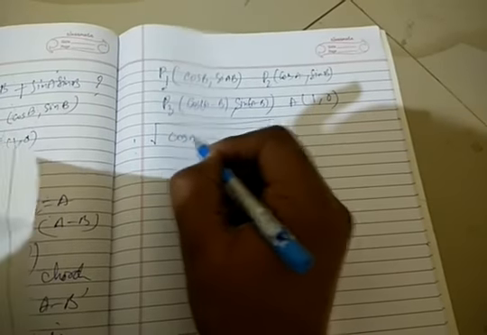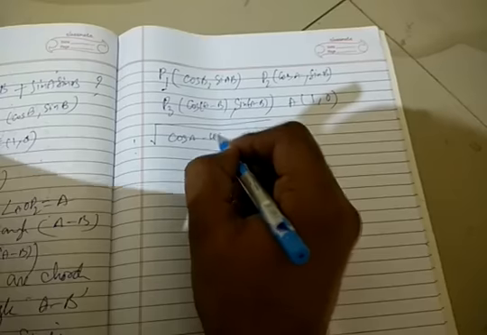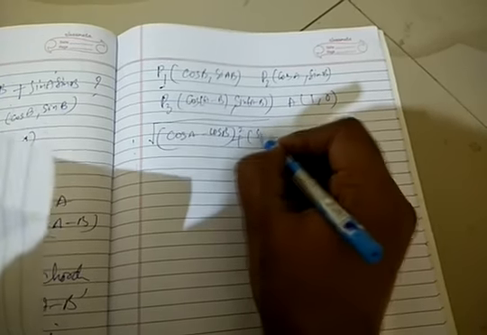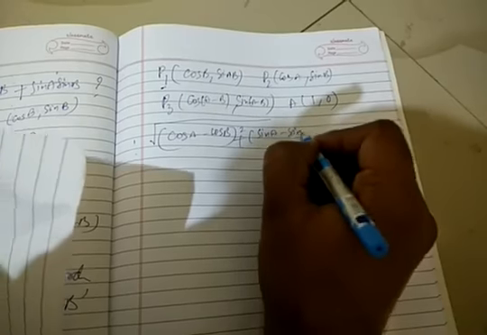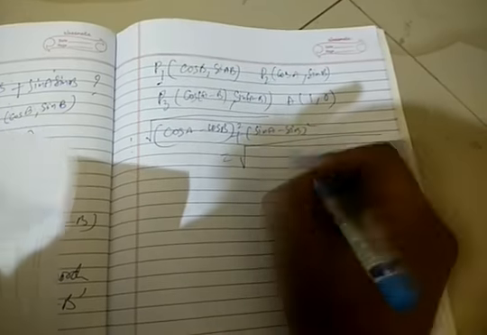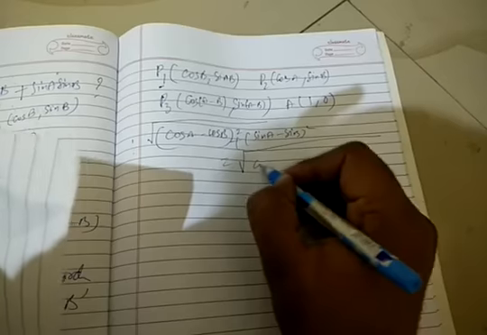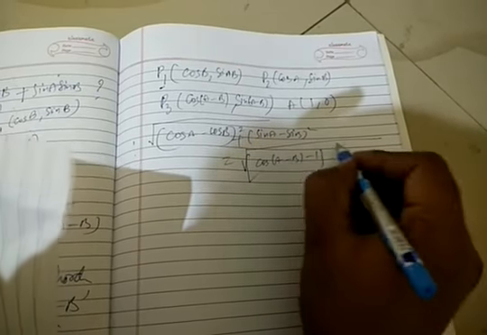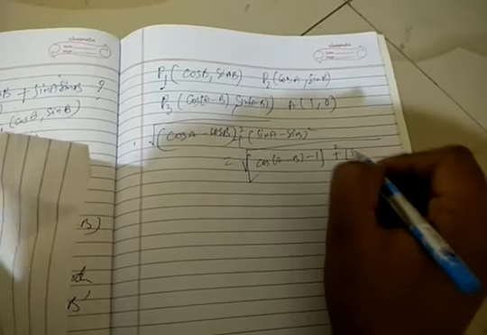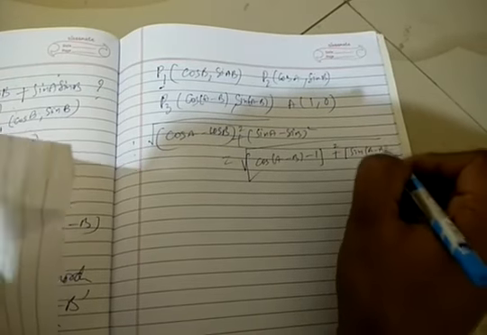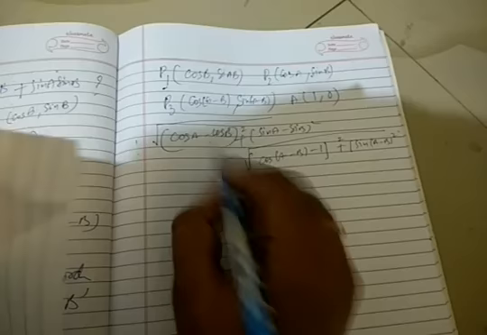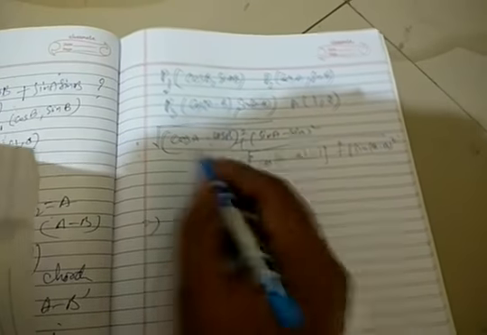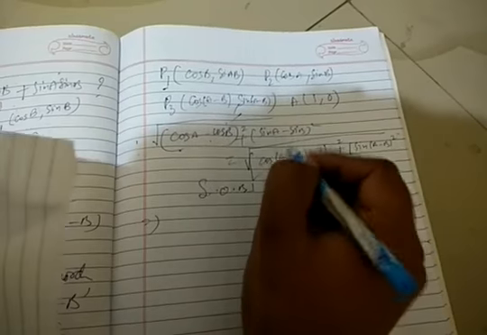For P1P2, applying the distance formula, I write the square root of (cos A minus cos B) whole squared plus (sin A minus sin B) whole squared, equal to the square root of (cos(A minus B) minus 1) whole squared plus sin(A minus B) whole squared. Squaring both sides gets rid of the square roots.